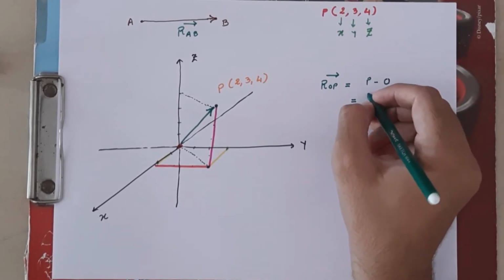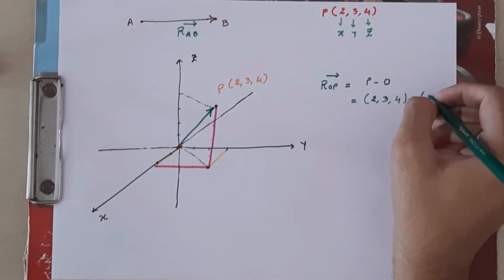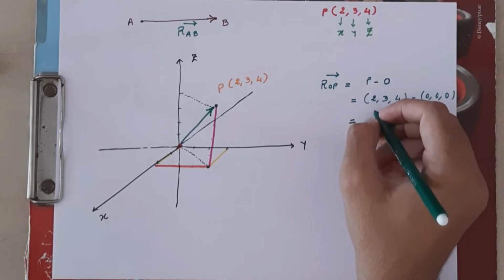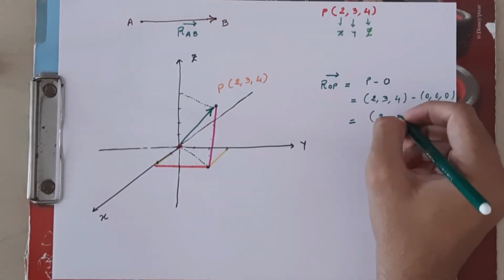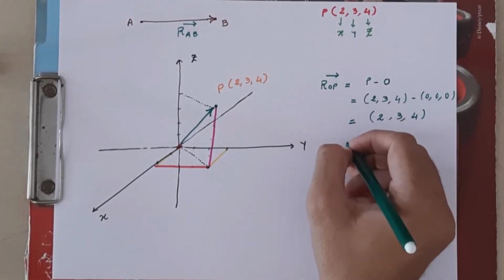The head coordinate is 2, 3, 4 and the tail coordinate is 0, 0, 0. Do the simple subtraction: 2 minus 0, 3 minus 0, 4 minus 0, so the answer is 2, 3, 4. But actually it's not a vector, it indicates just a simple point.